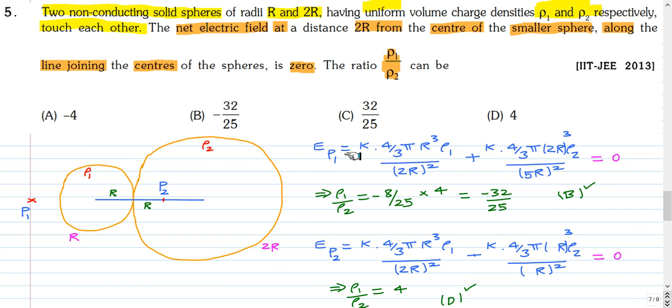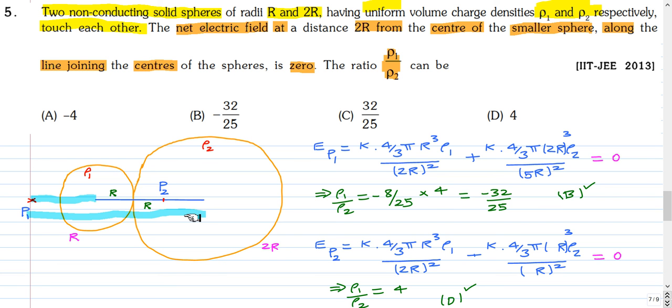The electric field at point P1 is outside of both the charges, so each will act as a point charge. So it is K into the total charge, 4 by 3 pi r cube into ρ1, divided by the distance square. This distance is 2r square. And the electric field due to the bigger sphere is K into the volume, 4 by 3 pi into 2r cube, into ρ2, divided by the distance from its center square.